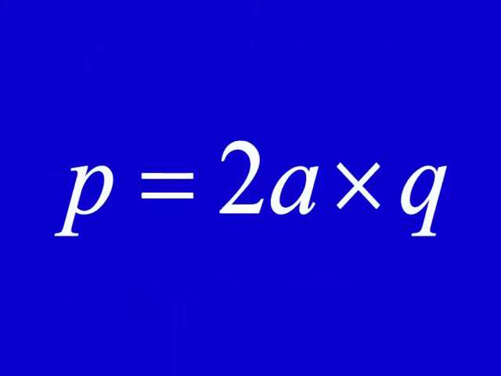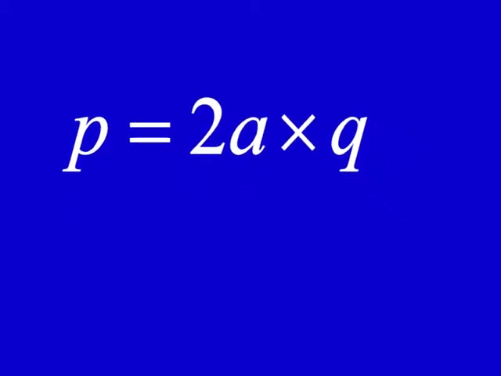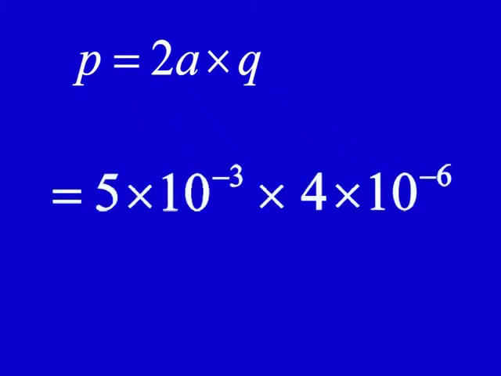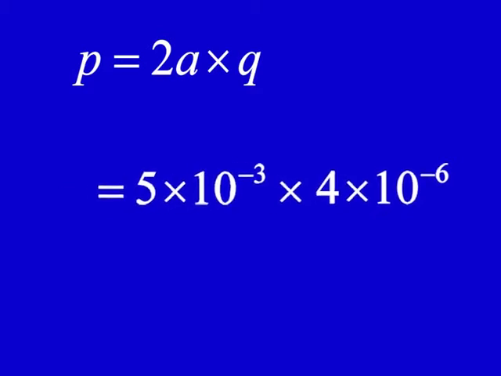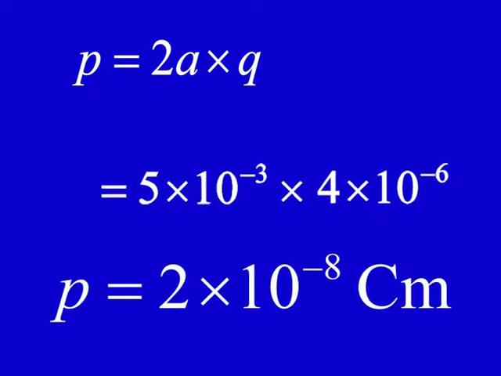Therefore, dipole moment P, which is equal to 2a into q, would be equal to 5 into 10 raised to the power minus 3 into 4 into 10 raised to the power minus 6, that is 2 into 10 raised to the power minus 8 coulomb meter.